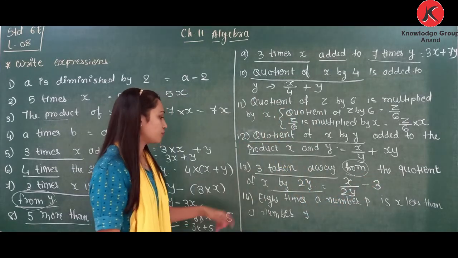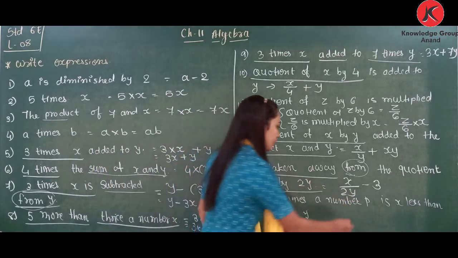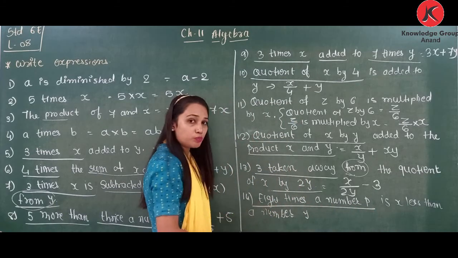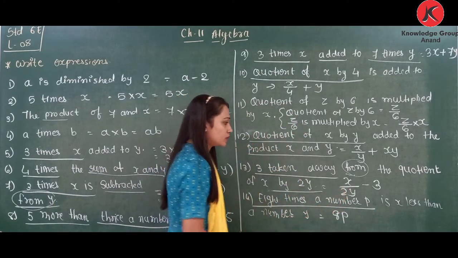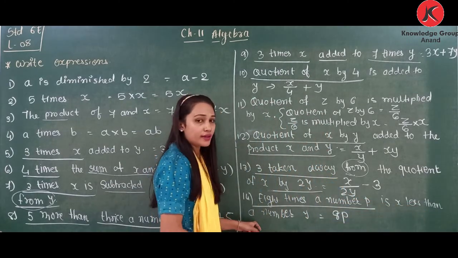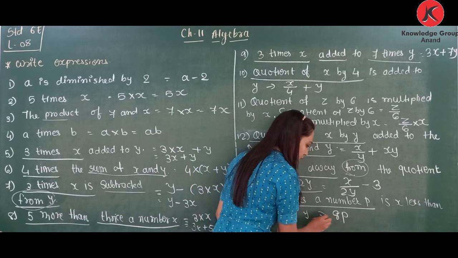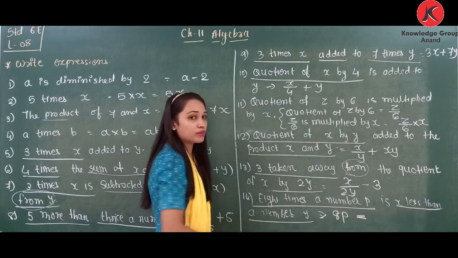Now next, 8 times a number p, that is 8p, is x less than a number y. Now this 8p is what? x less than a number y.